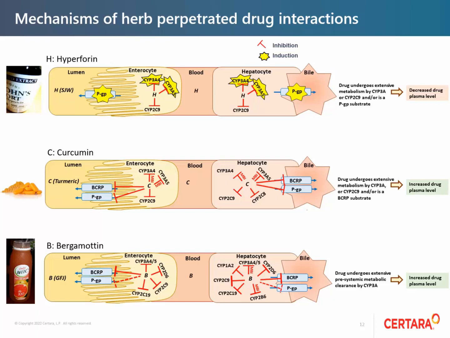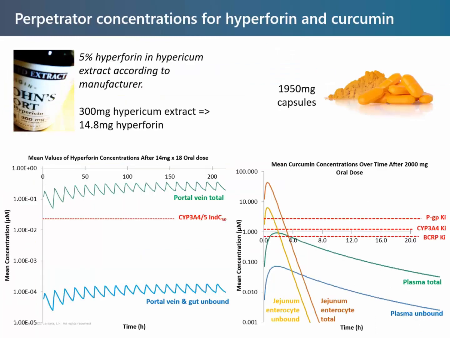Now that the main perpetrator mechanisms were identified, we have to move on to looking into the likely exposure scenarios, and we can then compare them with the perpetrator potency. So starting with St. John's wort here, the extract often has this kind of information available where the manufacturer will report the hyperforin concentration.